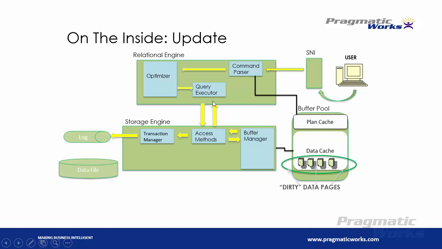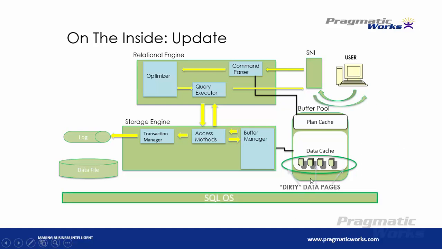The access methods return the acknowledgement and the query back to the query executor. The query executor returns the data back to the SQL network interface, which returns it back to the user. At this point, the dirty pages are flushed by checkpoint to get written off to disk.